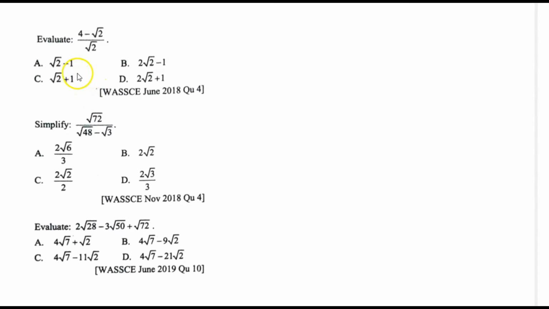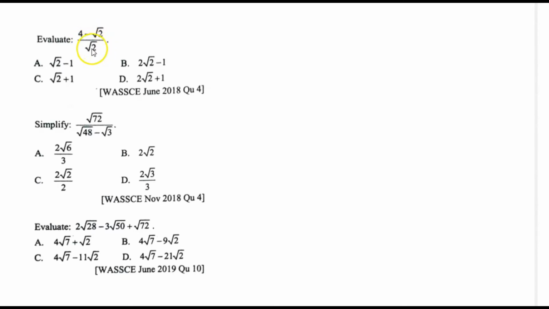Now, as usual, we have some WASSCE questions that we are going to use as our worked examples. The first worked example we are going to consider is evaluate 4 minus root of 2 all over root of 2. In order to simplify this question, we need to get rid of the radical sign at the denominator.